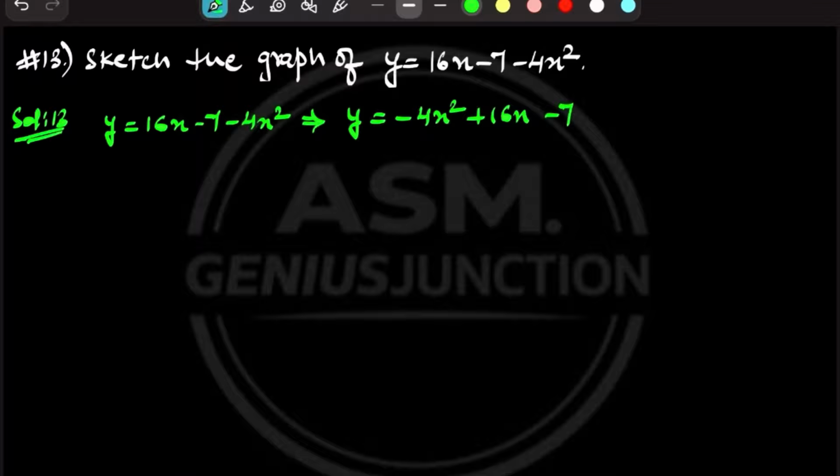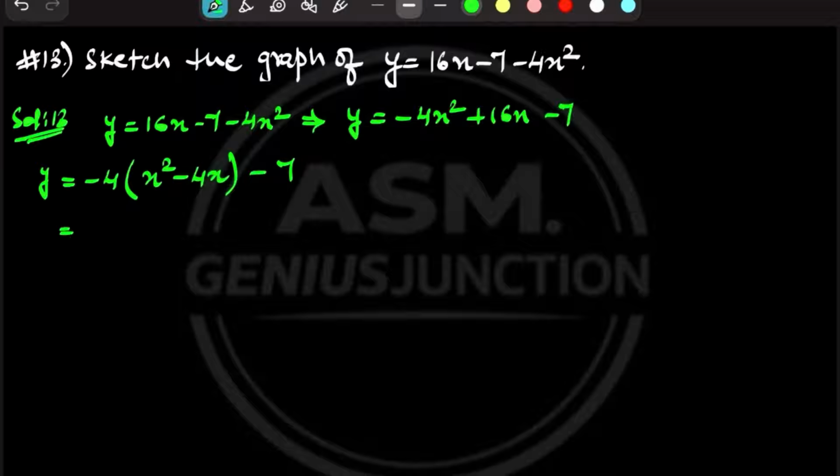We already discussed in video number 1 that when we require a minimum or maximum point, we always use the concept of whole square. So here I need to make the coefficient of x square as 1. So I'm taking out minus 4 common from the first two terms to get x square minus 4x, and minus 7 is kept the same.